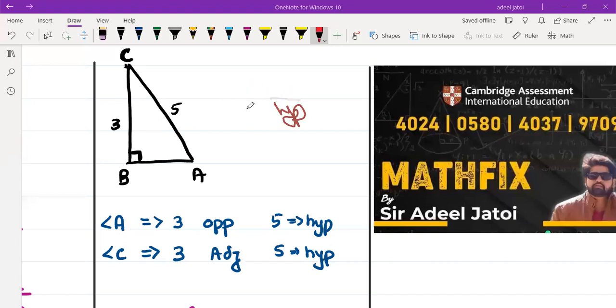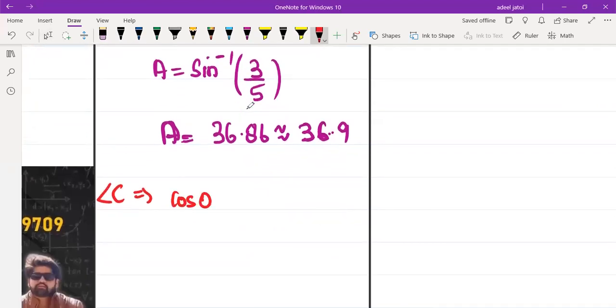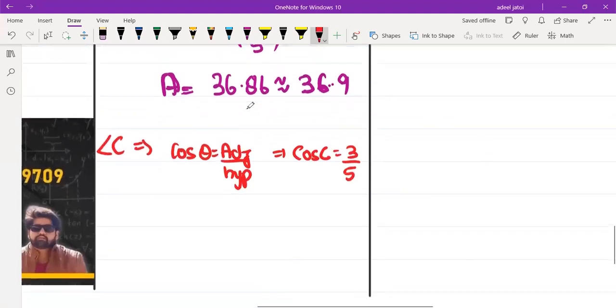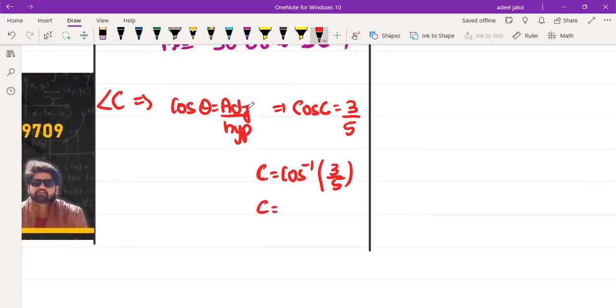So cos C is equal to 3 upon 5, which means C will be cos inverse 3 upon 5, and the value of C will be 53.1.